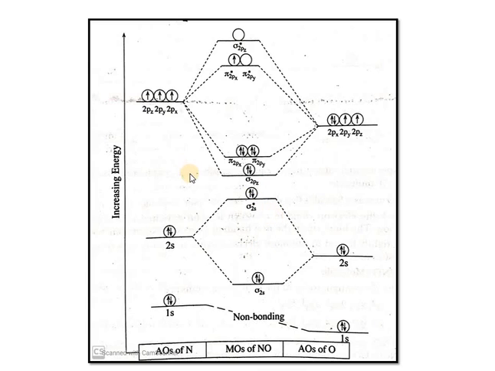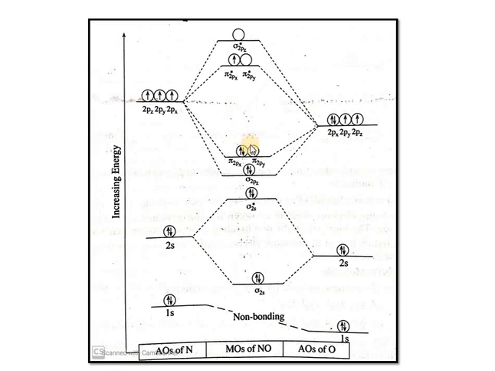Similarly, the 2p orbitals of nitrogen overlap with the 2p orbitals of oxygen to form the sigma and pi bonding and antibonding molecular orbitals.